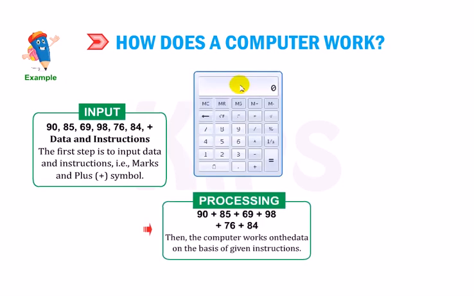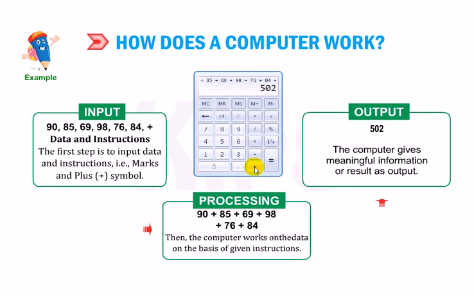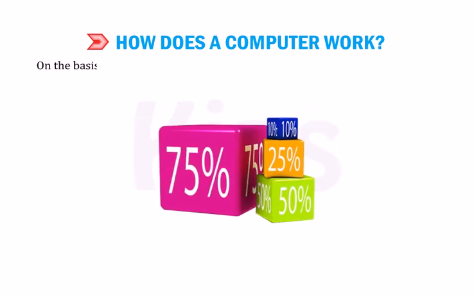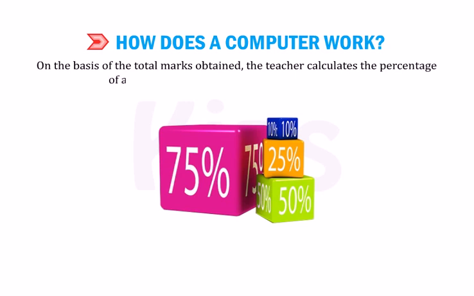Then the computer works on the data on the basis of given instructions. 90 plus 85 plus 69 plus 98 plus 76 plus 84. In the end, the computer gives meaningful information and result, which will be 502. On the basis of the total marks obtained, the teacher calculates the percentage of a student and finds his or her position in the class.